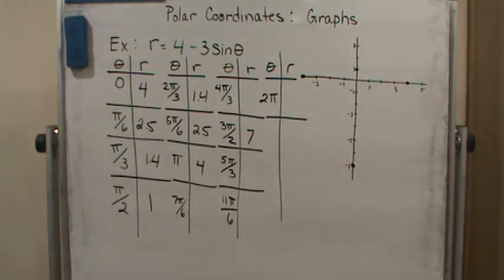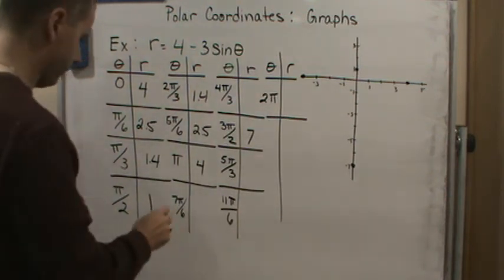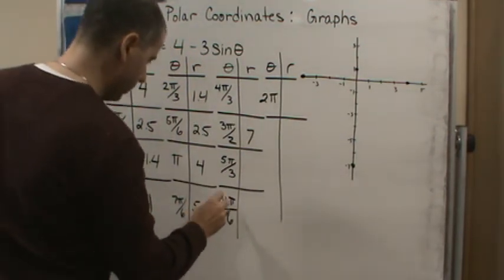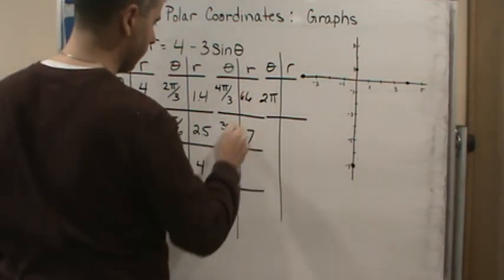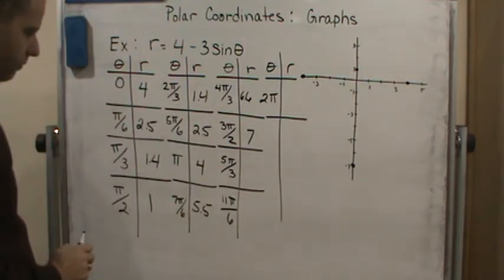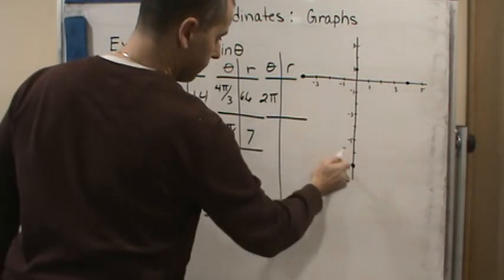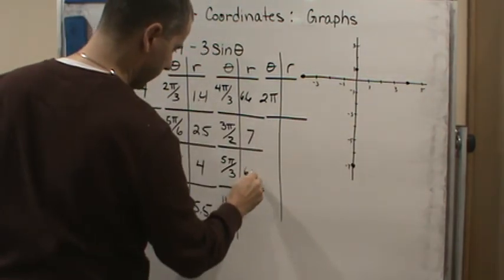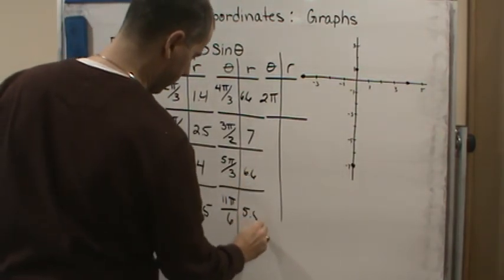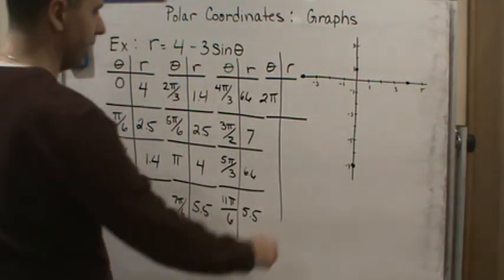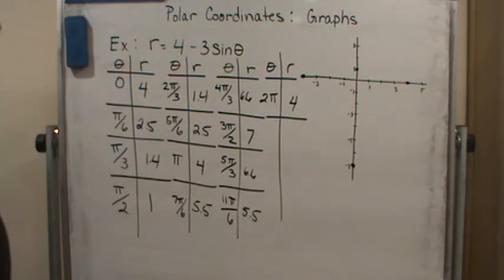And then 7 pi over 6, we get 5.5, and then 6.6, and then 7. And then 5 pi over 3, it starts to go down. Again, because of symmetry, it goes up to 7, then it comes down. So this is going to be 6.6, 5.5, and then of course, we're right back to 4. Full revolution.